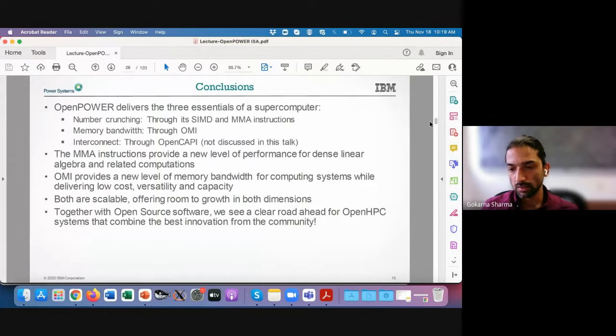But there are results that show that it does way better. Okay. So open memory interface provides a new level of memory bandwidth for computing systems. You will see there is huge capacity, and it is more versatile. We'll see some of the details on this tomorrow when we talk about Power 10.